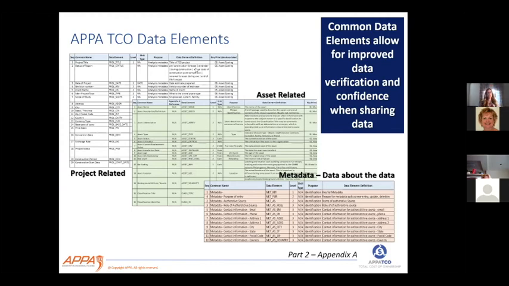We've tried to put all of the APPA TCO data elements into that and align with that, and make sure that we're all using the same common core definition. So if you haven't taken a look at that, that's super great.